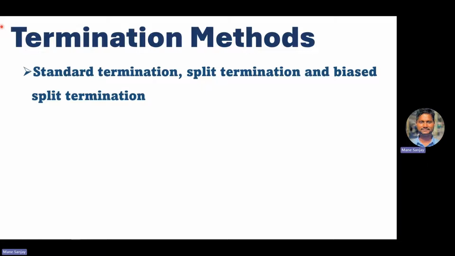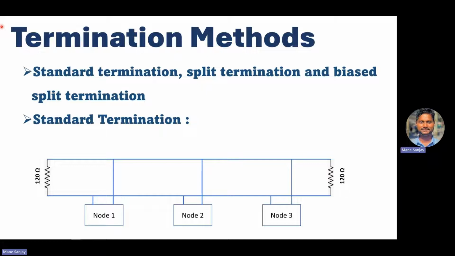Bias termination is basically derived from split termination, so sometimes it is referred to as a biased split termination. The standard termination method is the most common termination method, which basically just places the 120 ohm termination resistance at each end of the CAN bus as shown here.